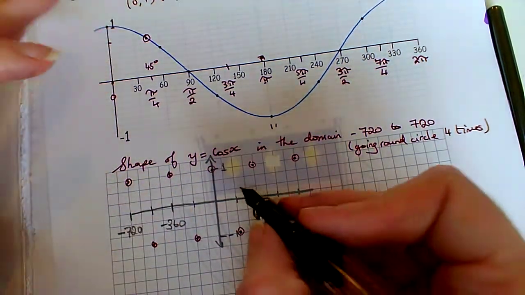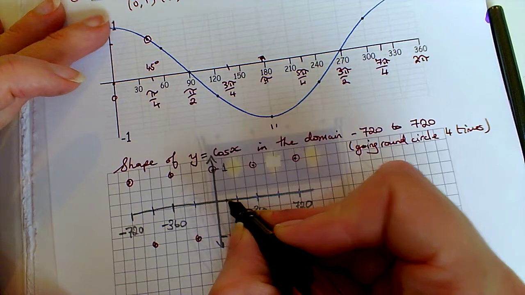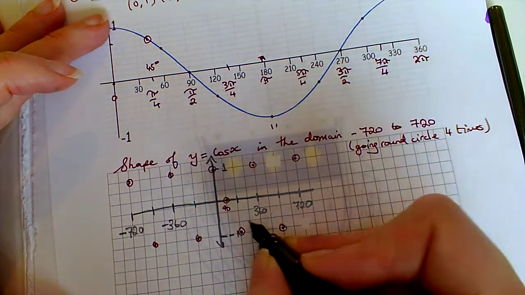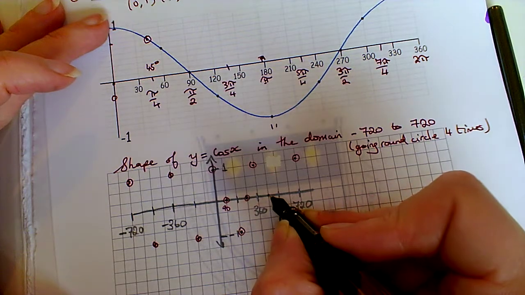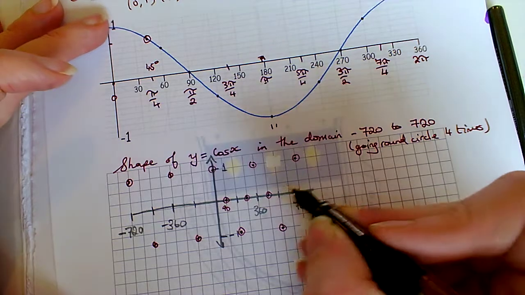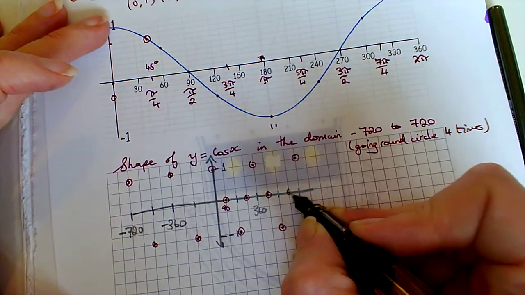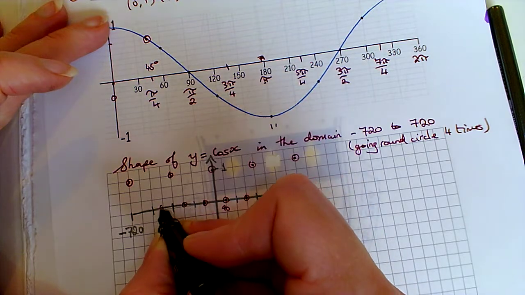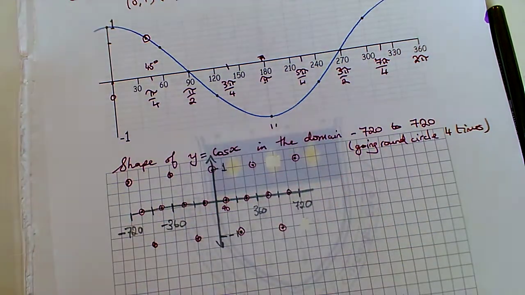And it hits the 0 axis at the 90 degrees. So at 90 degrees it's 0. And every 90 degrees plus 180 degrees, it's back at 0. So we have all these 0 intercepts on my axis.